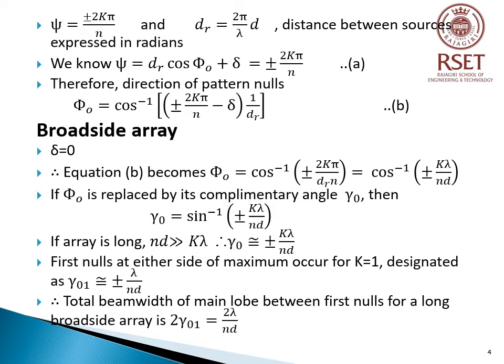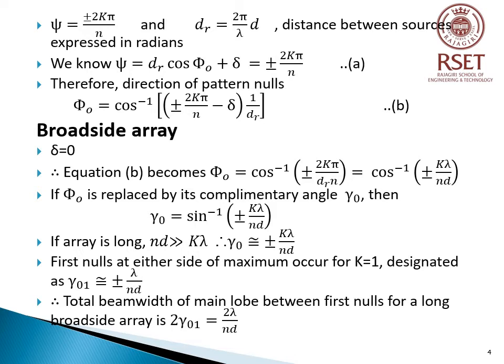So from the previous slide we have n into psi equal to plus or minus 2k pi. Therefore we can write psi as plus or minus 2k pi by n. And we know dr is equal to 2 pi by lambda into d, that is the separation between the sources expressed in radians. So d is the physical separation and dr is the distance between the sources expressed in radians. And we know psi is equal to dr cos phi plus delta, from the previous discussions in the class hours.